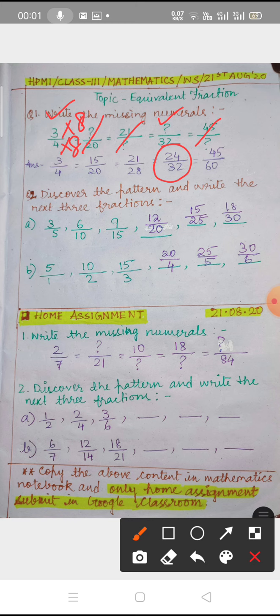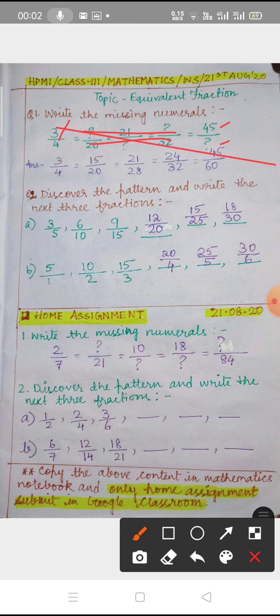Now come to the next fraction, the last fraction. Here at this time we will ignore the rest. So 3 is becoming 45 and the denominator is missing. 3 has been multiplied by 15. 3 15s are 45.